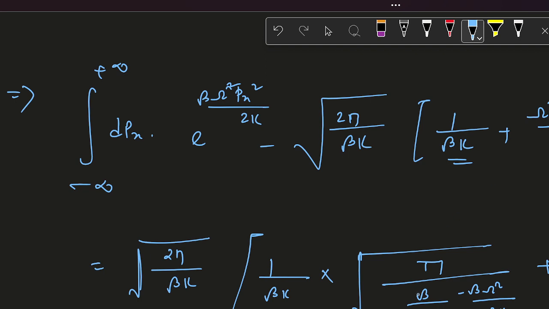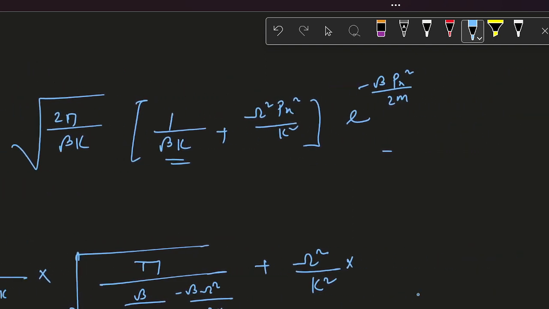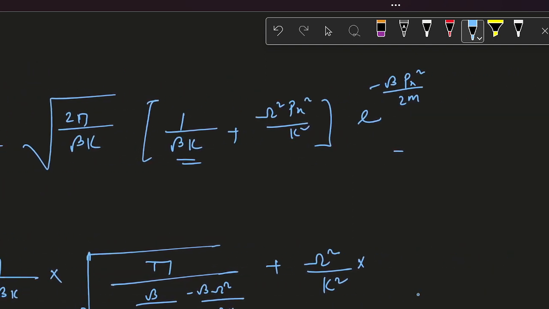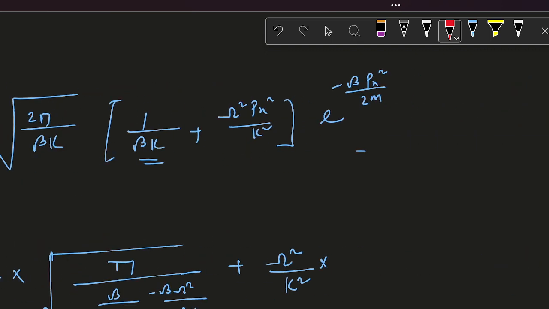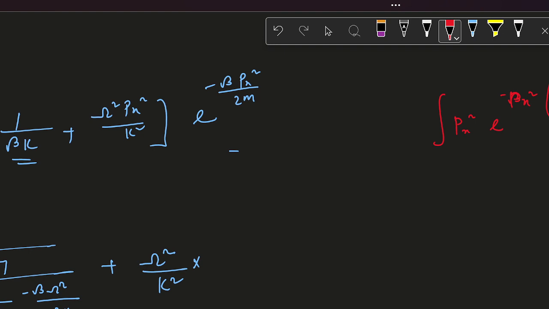So what is this term if you want to write it down separately? Let us write it down separately. This is your px squared e to the power minus px squared into (beta by twice m minus beta omega squared by twice k minus beta omega squared by twice k), from minus to plus infinity dpx.